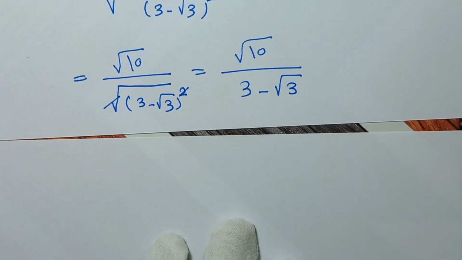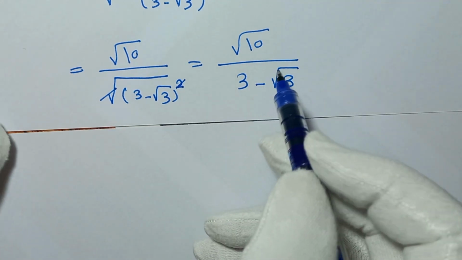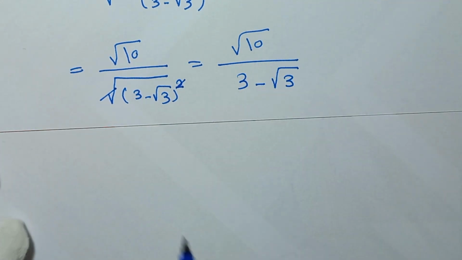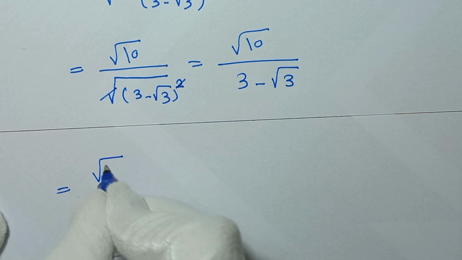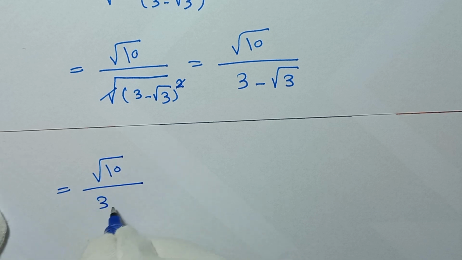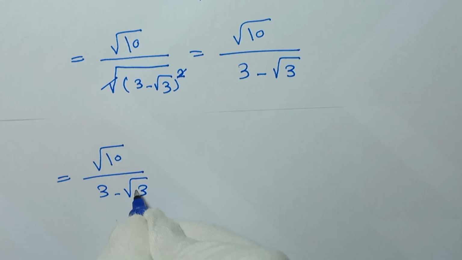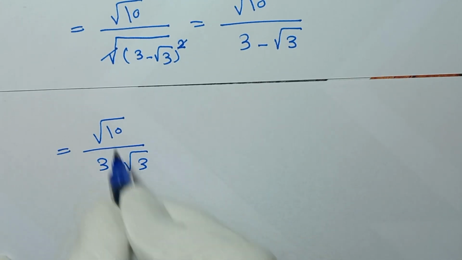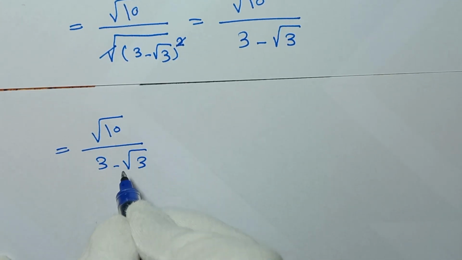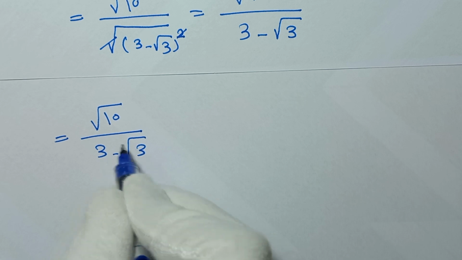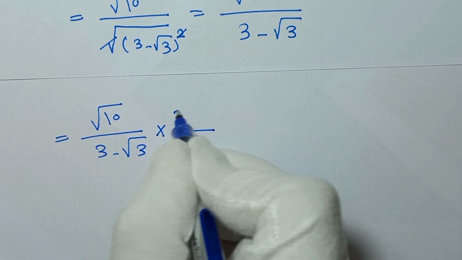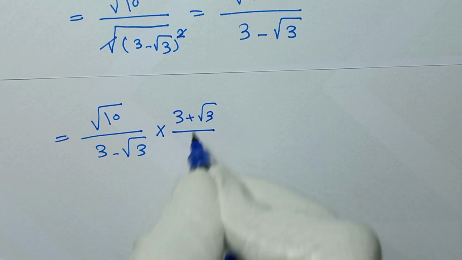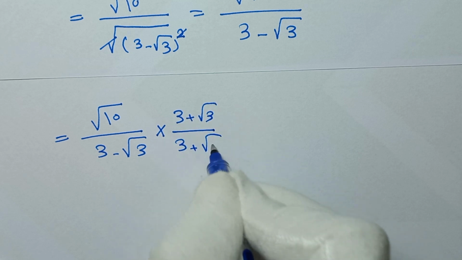And in the next step, here we rationalize this fraction, and it will be square root of 10 over 3 minus square root of 3. To rationalize this, we multiply numerator and denominator by the denominator's conjugate pair. So it will be multiplied by 3 plus square root of 3 and 3 plus square root of 3.